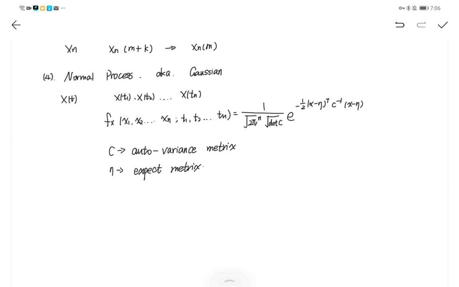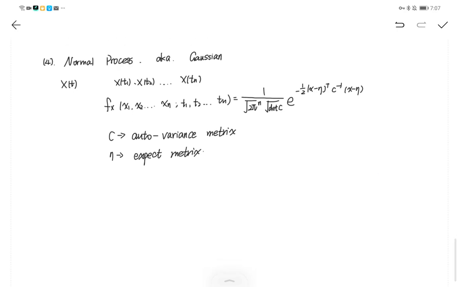The statistics of a normal process is completely determined in terms of its mean and autocorrelation function. So in general, we classified the normal process as a property of stochastic process. The normal process is a larger class of stochastic process.